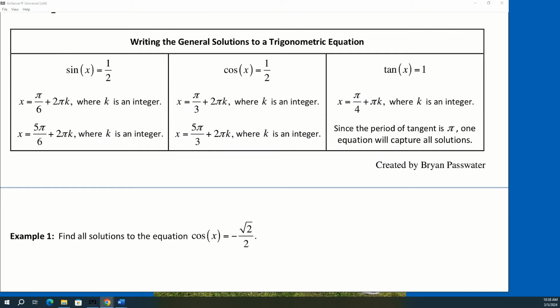If we had the tangent of pi over 4, that's going to be 1. And then down here is the exact same. 5 pi over 4 is the exact same tangent, which is 1. And if you add pi to pi over 4, you get 5 pi over 4. So with tangent, you only have to use the top part of the semicircle.